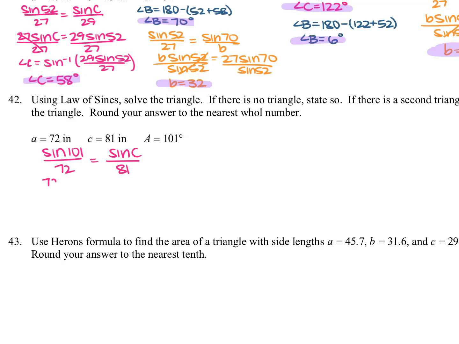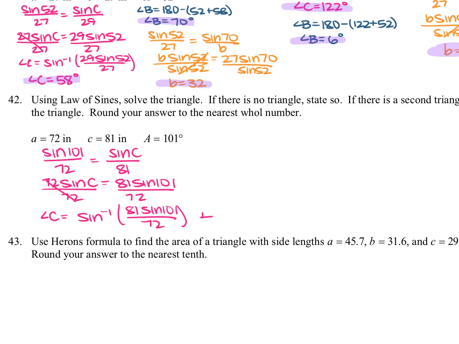This gives us 72 sine C is equal to 81 sine 101. Divide each side by the 72. You're going to take the inverse sine of 81 times sine 101 over 72, which you get an error from your calculator. So that means that you have no triangle here.